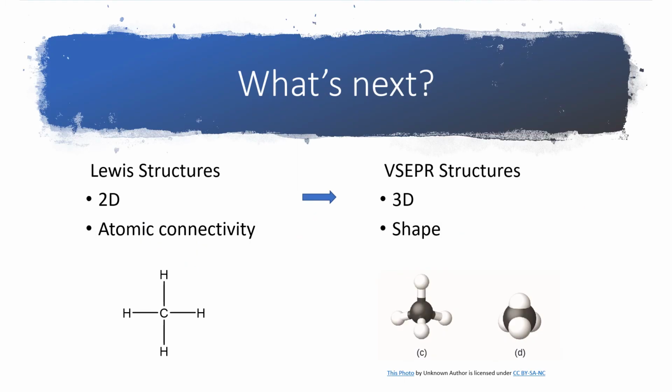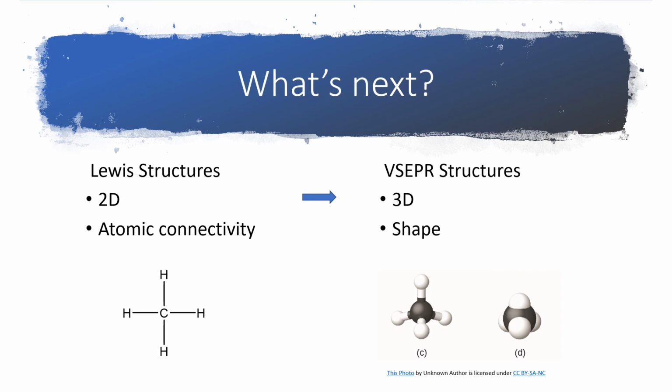So where are we going next now that we know how to draw the Lewis dot structures? Well, the Lewis dot structures are a great representation of the structure of molecules in 2 dimensions. They will show us what atom is connected to what other atom, because if you can draw a good Lewis dot structure with everybody following the octet rule, it's a pretty good chance that's really how the molecule works.